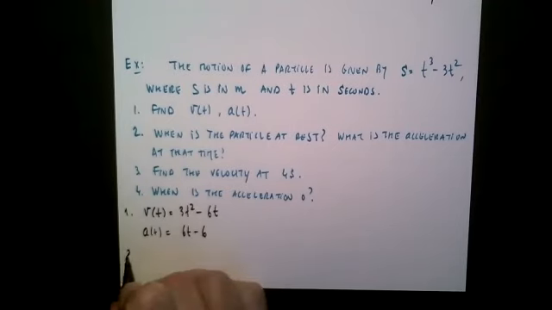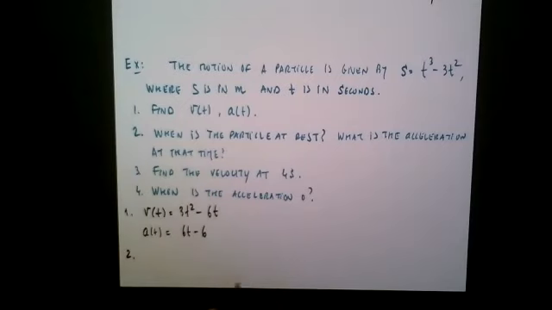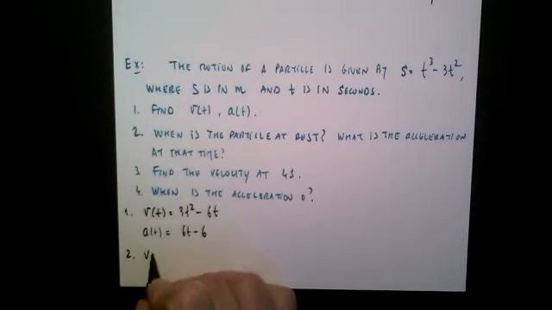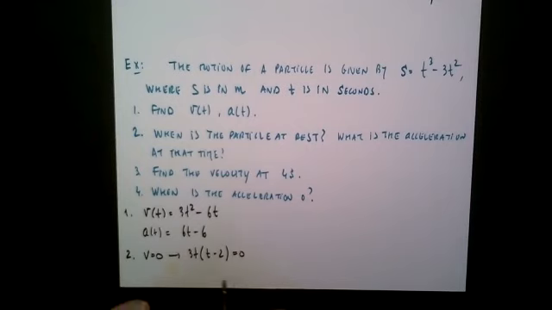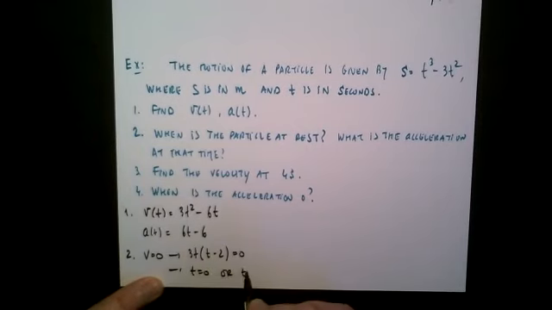That's 1. Number 2, when is the particle at rest? So basically, when is the velocity equal to 0? So v is equal to 0, which means that 3t times (t minus 2) is 0. So either t is 0 or t is 2.